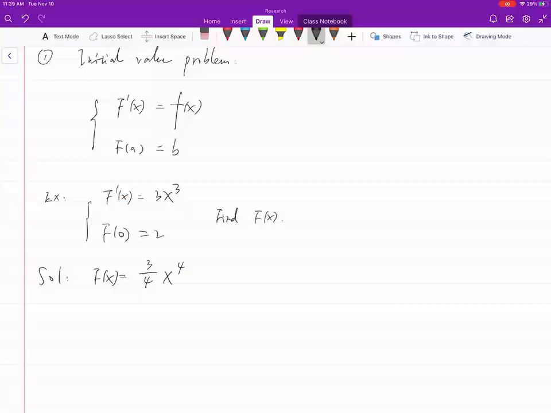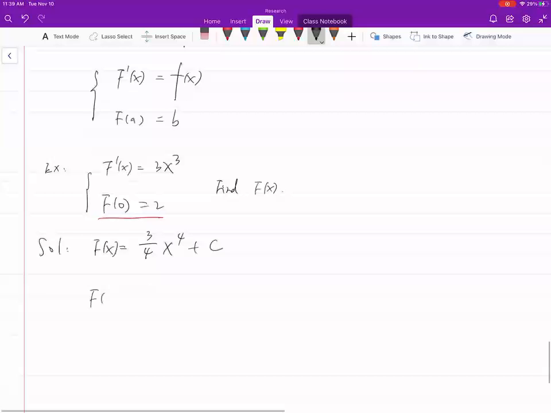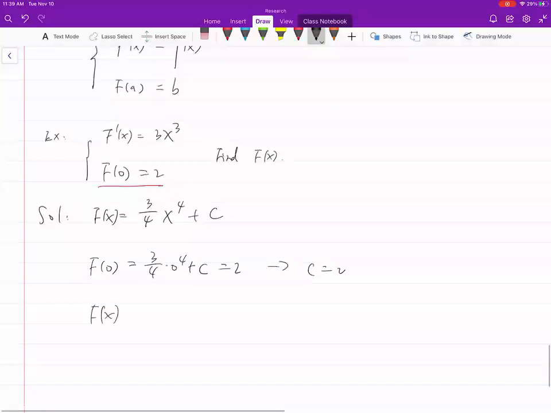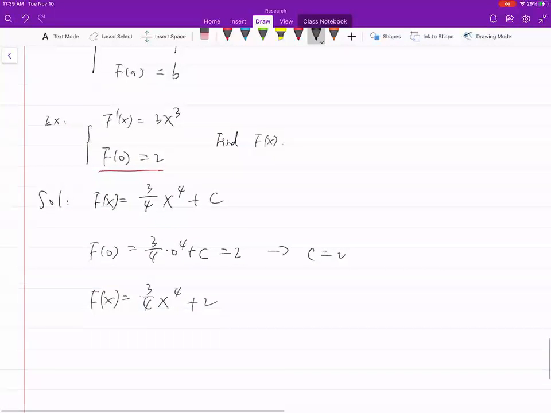That's my f(x), plus c. Good so far? One more piece of information, this one. Well, then this implies c equals 2. So final answer. There's no ambiguity anymore. Sounds good?